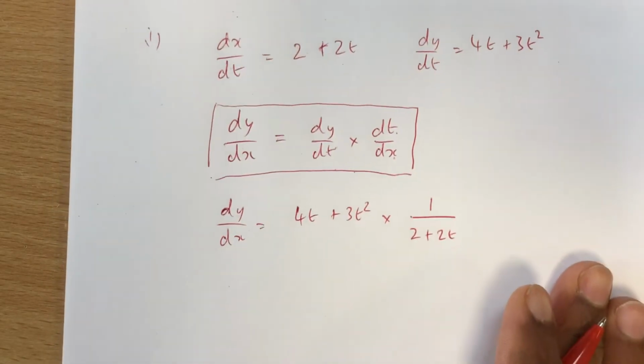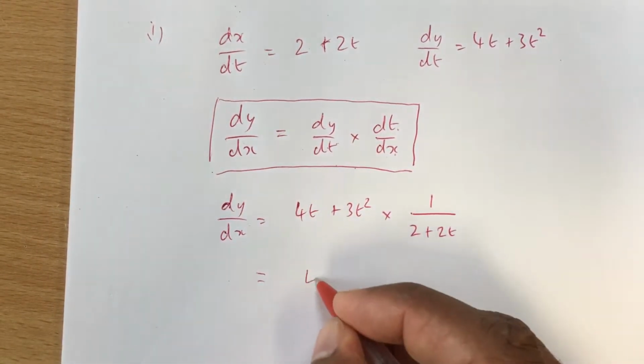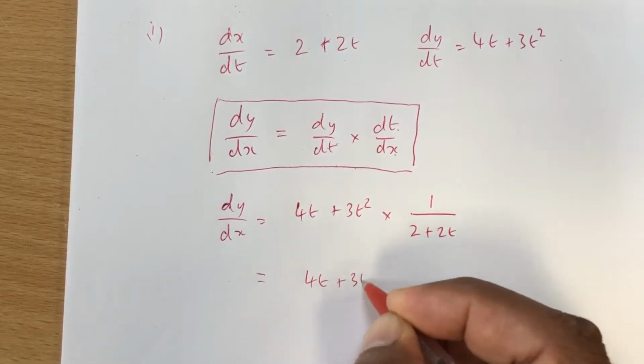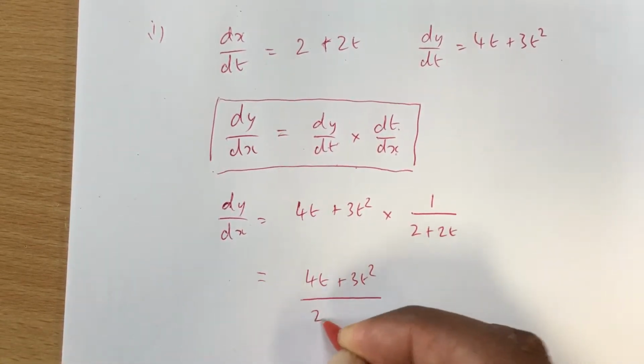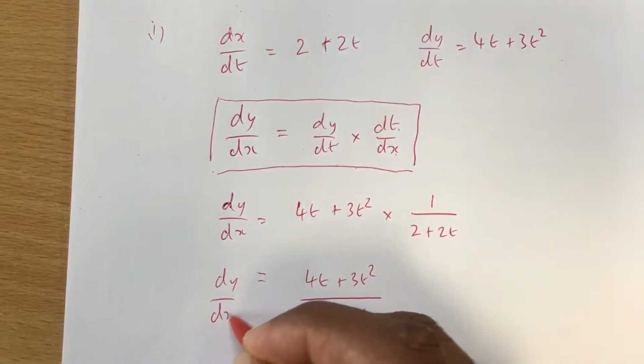Putting this all over each other, 4t plus 3t squared all over 2 plus 2t gives me dy/dx.